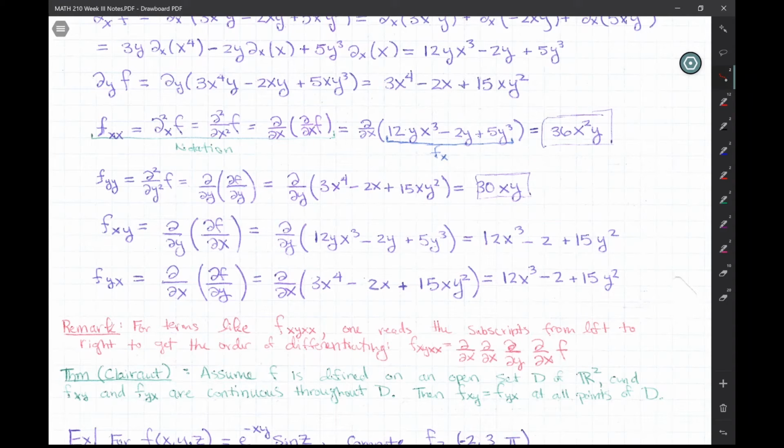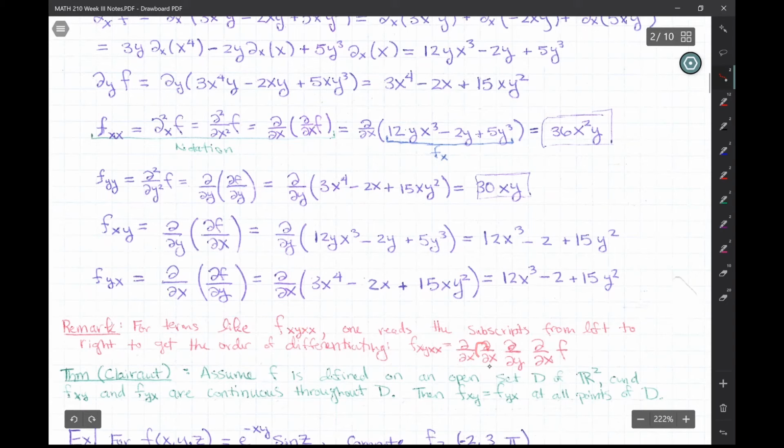And also a note on the notation. Take a look at this guy here. What does this mean? Okay, here's how you read it. From left to right, that's the order of derivatives you're taking. So how would this work? Well, this x here represents the last derivative that we take.